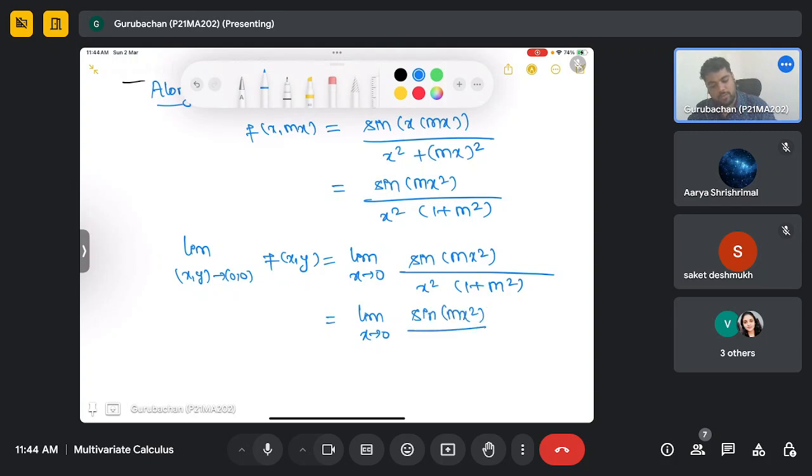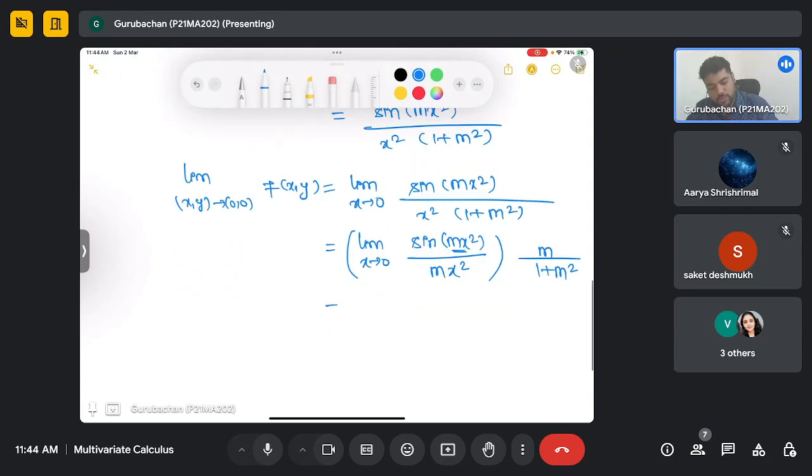So in the numerator and denominator we have x squared, but in the angle we have mx squared. So we have to make the same at the denominator, so we will multiply and divide by m. Again, we know that the value of this particular limit is 1. So our conclusion for the limit will be m divided by (1 plus m squared), that is dependent on the parameter m.